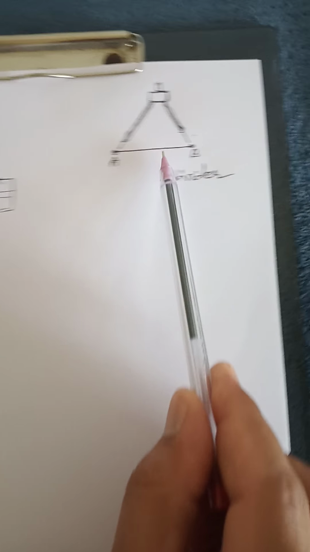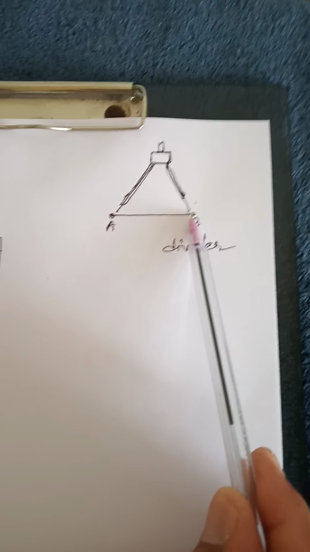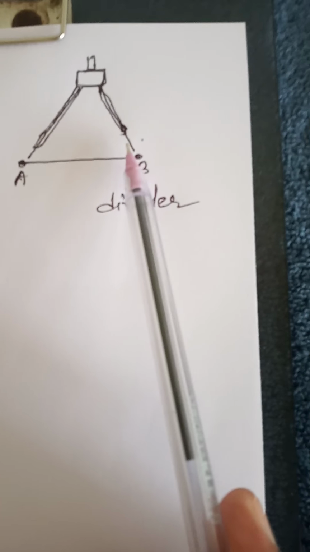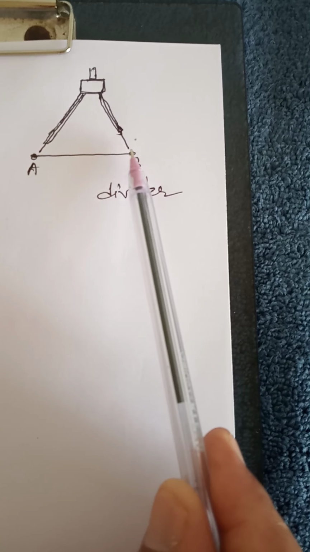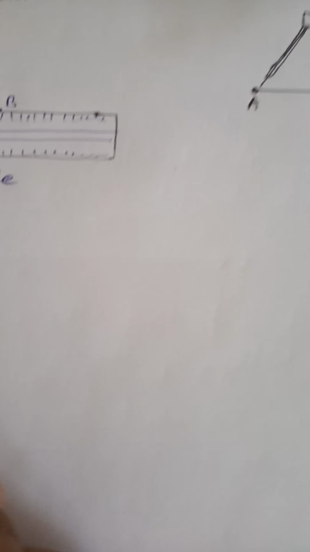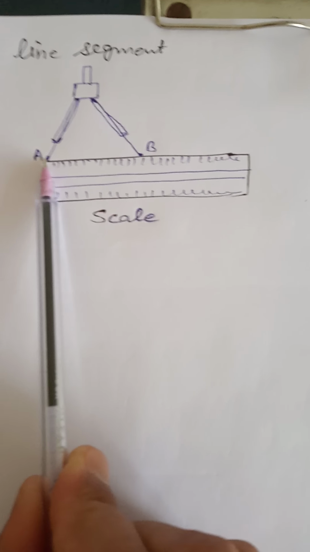Here AB is a line segment. We put the divider in this situation. Then we take away the divider from this position and put this divider on the scale. This is the 0 mark of the scale.